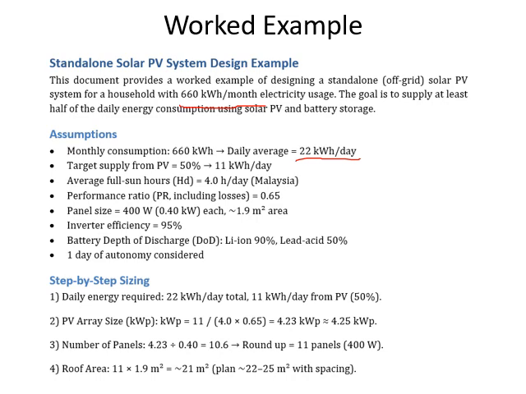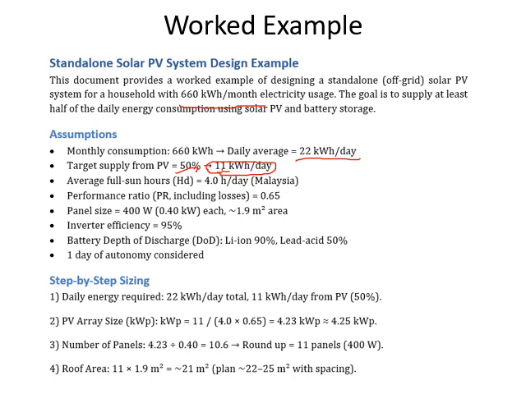Then I want to supply 50% out of it. The rest 50% will depend on the electricity supply. So 11 kilowatt hour per day. I will be running 11 kilowatt hour per day personally from my system, and the rest I'll be relying on the power supply board.